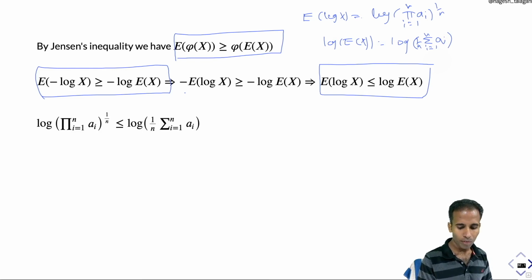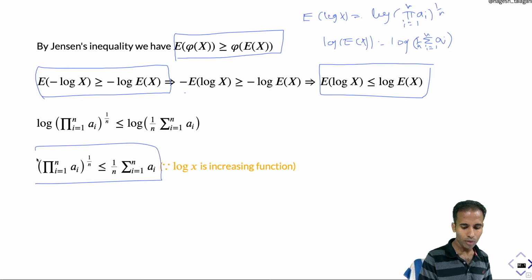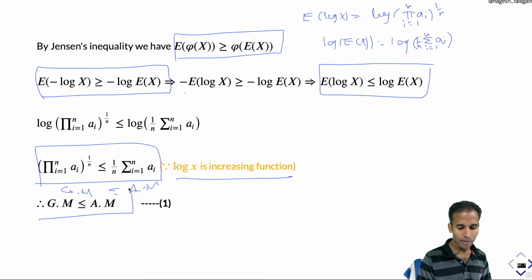So logarithm of the product i equal to 1 to n of ai, whole to the power of 1 by n, is less than or equal to log of 1 by n summation i equal to 1 to n ai, and log is an increasing function, so we must have this one. Okay, so we should have the product i equal to 1 to n of ai, whole to the power of 1 by n, less than or equal to 1 by n summation i equal to 1 to n ai, because log x is an increasing function. So this is exactly the geometric mean, this is exactly the arithmetic mean. So we have GM less than or equal to AM.